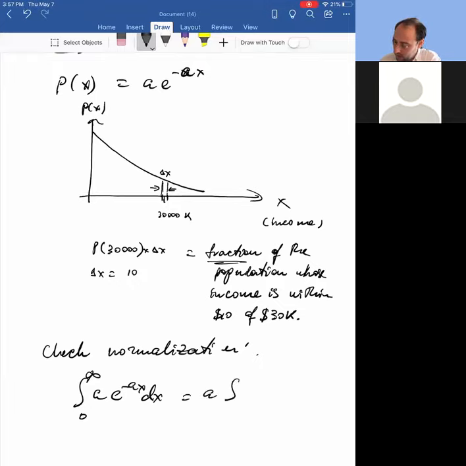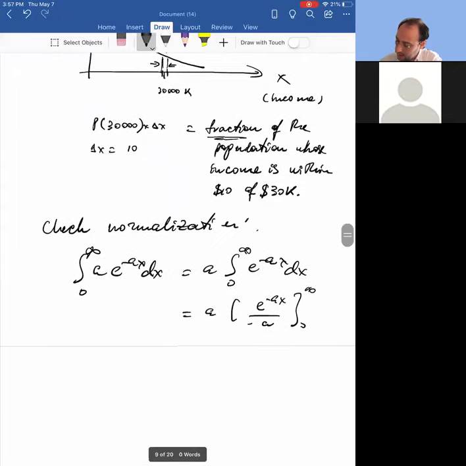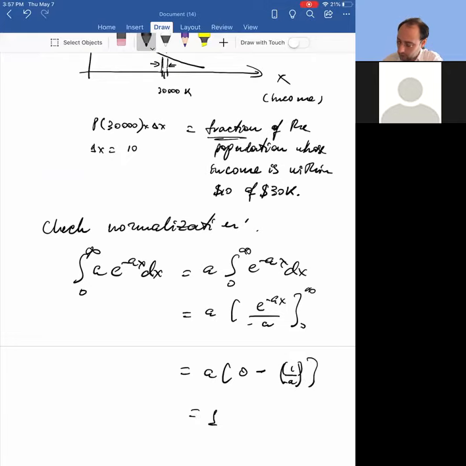That equals a times the integral from 0 to infinity of e to the minus ax dx, which is a times e to the minus ax over minus a from 0 to infinity, which equals a times (e to the minus infinity, 0, minus 1) over minus a, which equals 1. Okay? And it should be.